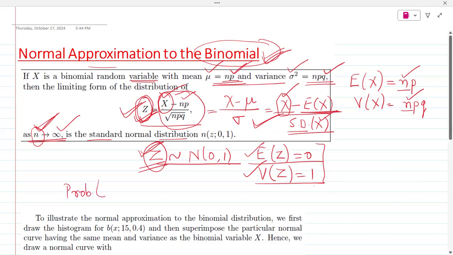One probability which is calculated by the binomial distribution, the same probability we can find by the normal distribution also.